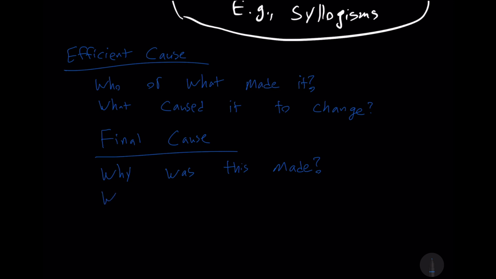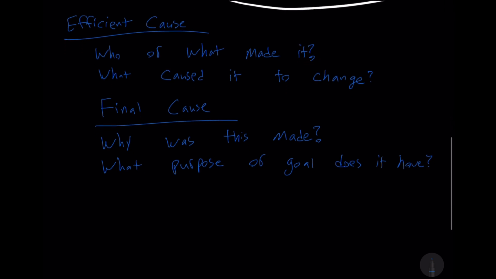What purpose or goal does it have? Or what kind of effects does it tend to produce on other entities? For example, we might define various tools this way. A pencil, for example, is an instrument made for writing or drawing. So a definition by final cause, depending on the context, might be a very good definition to use.